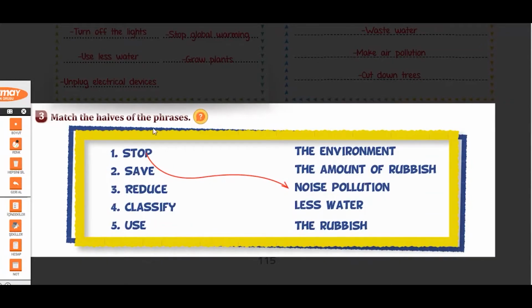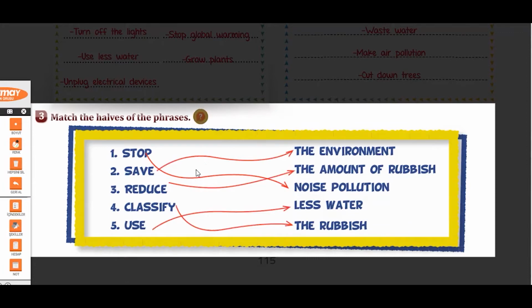Match the halves of the phrases. We have stop noise pollution. Next one, save. Which one? Save the environment, I guess. Yes. And we have reduce the amount of rubbish, classify the rubbish, use less water.